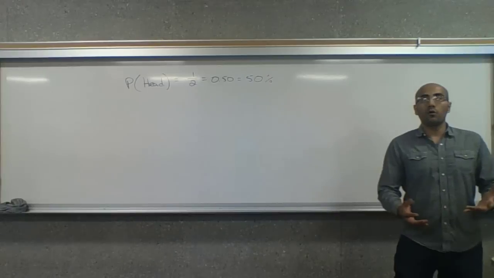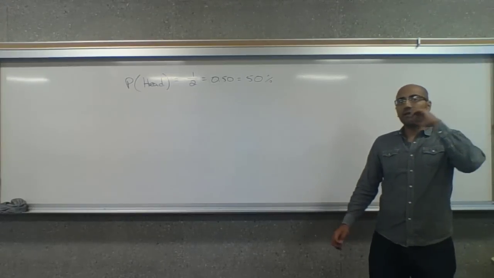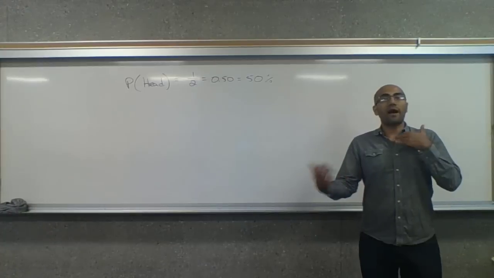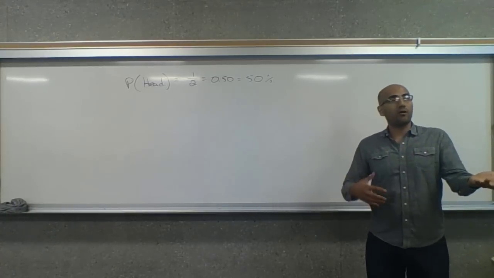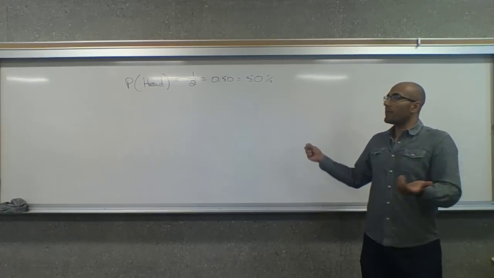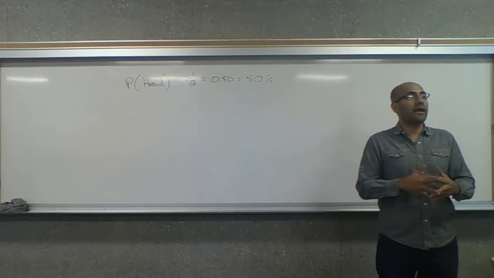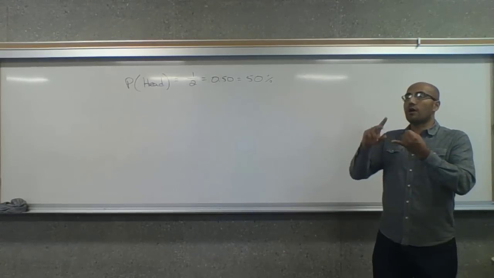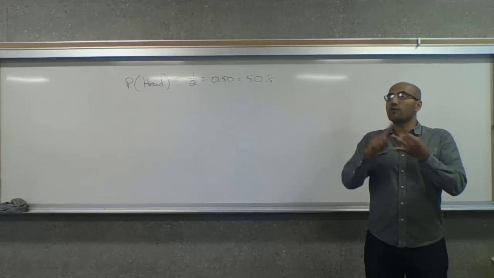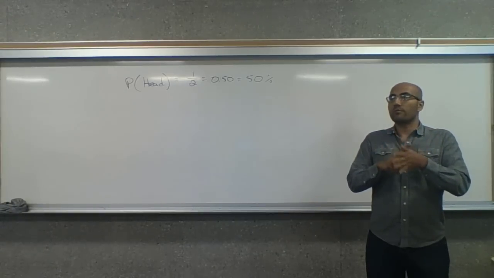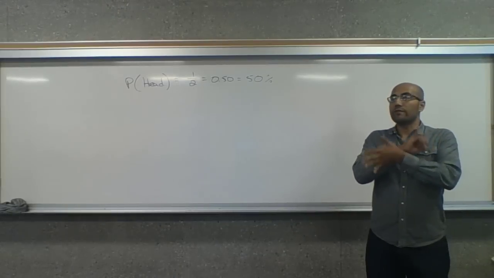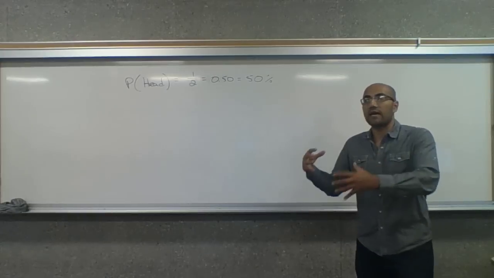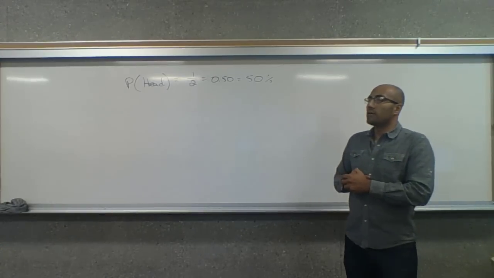So for example, if the experiment is we're going to flip a coin, the possible outcomes are tails or heads. If we roll a 6-sided die, then the possible outcomes are the number 1 or the number 2 or the number 3 or the number 4 or the number 5 or the number 6 come out. Right? Those are the possible outcomes when a 6-sided die is rolled.